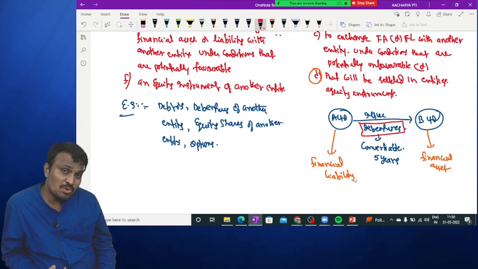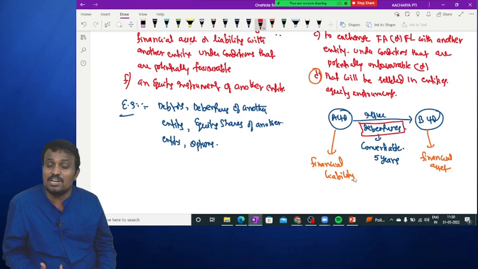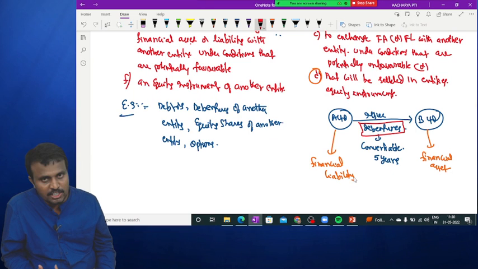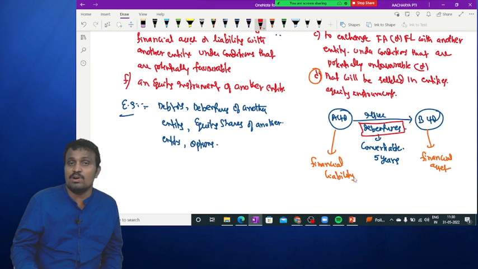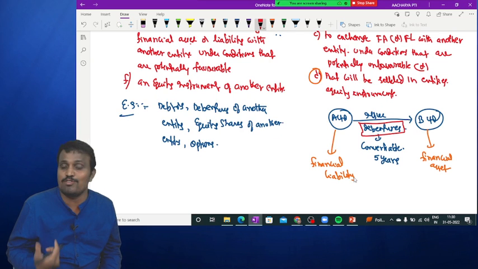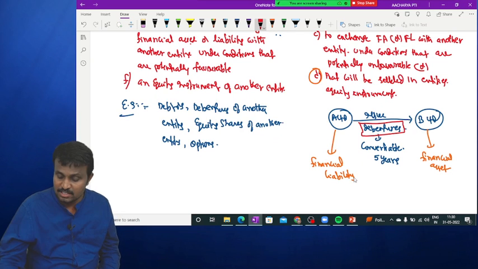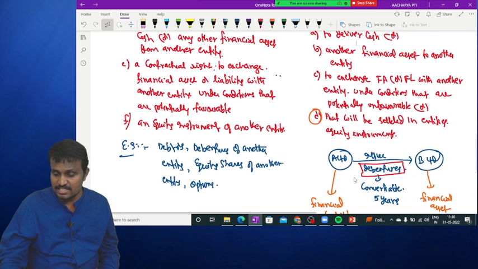If the debenture holders do not agree with conversion of the debentures into equity shares, then the company is required to pay the financial liability in terms of what? Cash. So that was clearly stated.